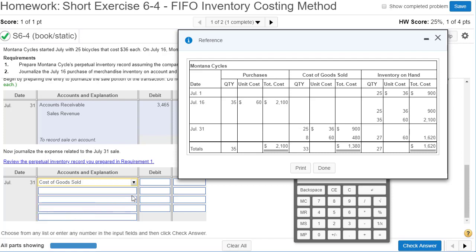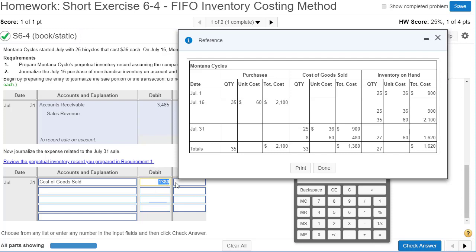Now we have to figure out how much is that cost of goods sold for the July 31st sale. So let's go to July 31st. We go to our COGS. So here's our COGS. Got 900 plus 480. That's $1,380 of cost of goods sold. What that means is those bicycles we sold, they cost us $1,380. Unfortunately, we sold it for a lot more, $3,465. So we have a gross profit.